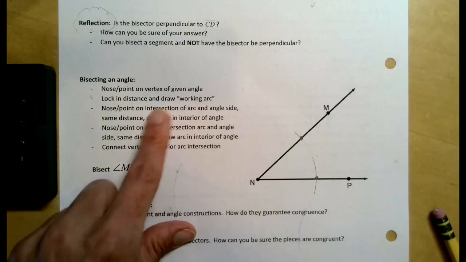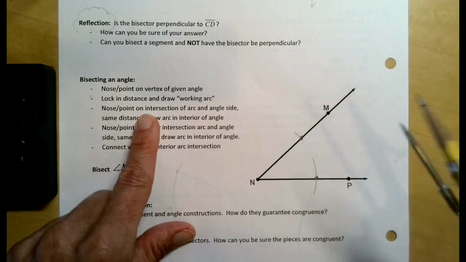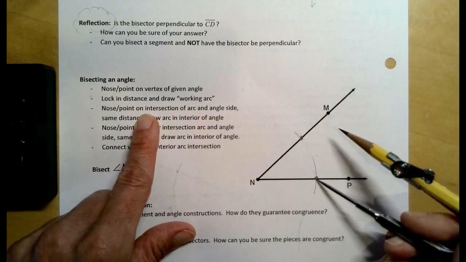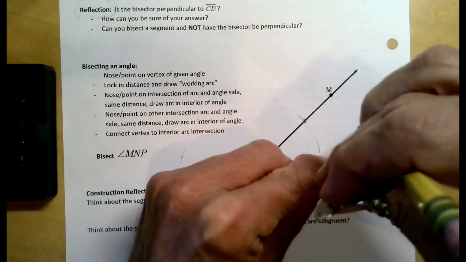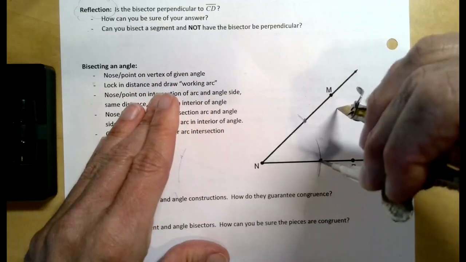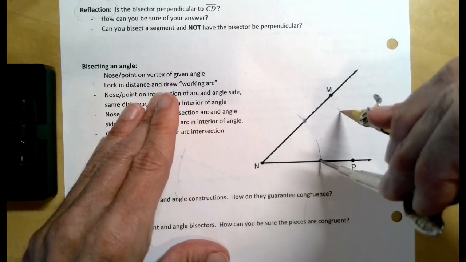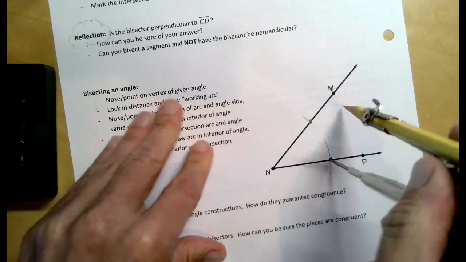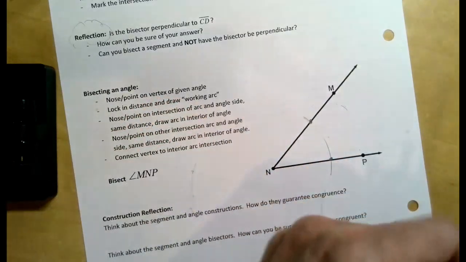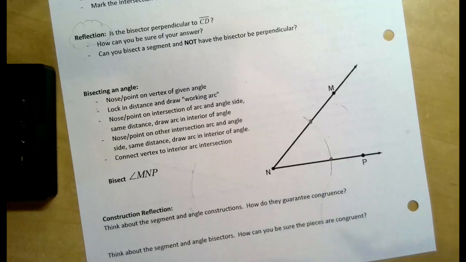There's our working arc. Now I'm going to take my nose or my point and put it on the intersection of that arc, and without changing the distance, I'm going to draw an arc. Oh, this keeps slipping on me. Hold on. I'm going to draw an arc out here in no man's land. I'll try to get this to lock in a little better.